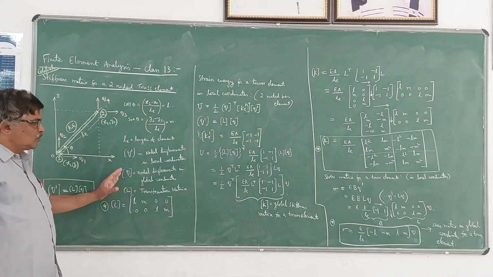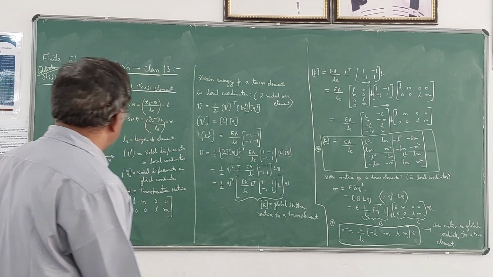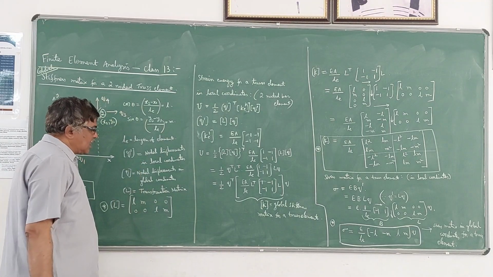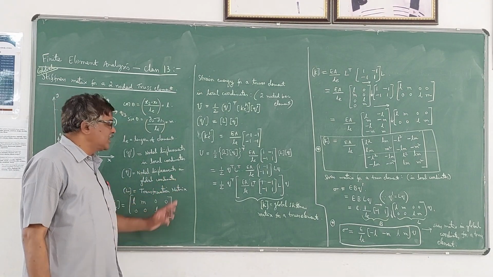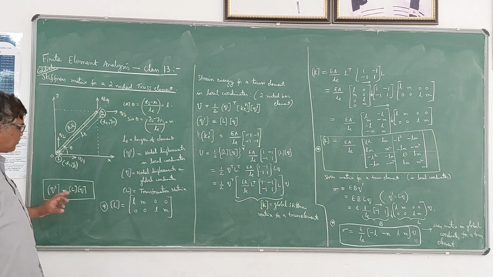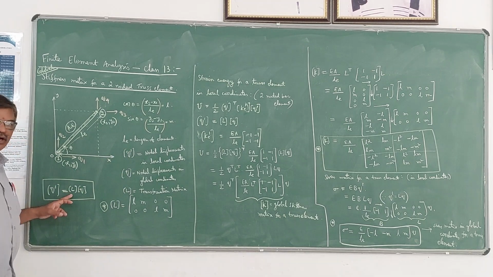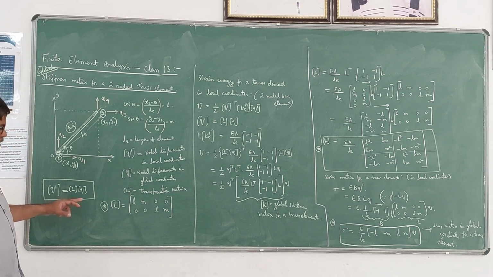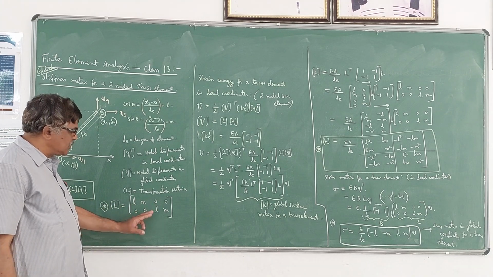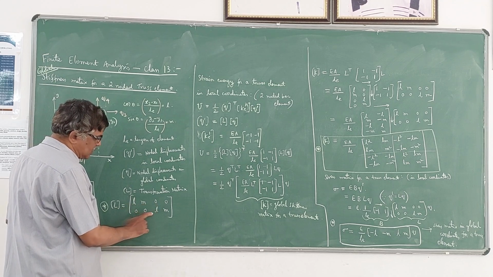Now, there are two matrices here. One is the nodal displacements in local coordinates, which I will call q dash, and the other is the nodal displacements in global coordinates, which I will call q. To get q dash from q, we have to use a transformation matrix called L. The transformation matrix is given by [L M 0 0; 0 0 L M], that is cos theta, sin theta, 0, 0, and 0, 0, cos theta, sin theta.